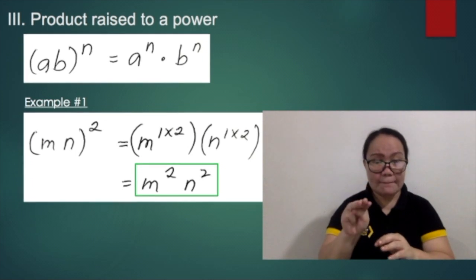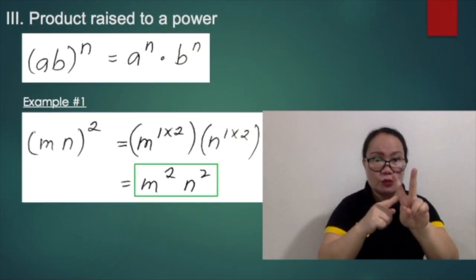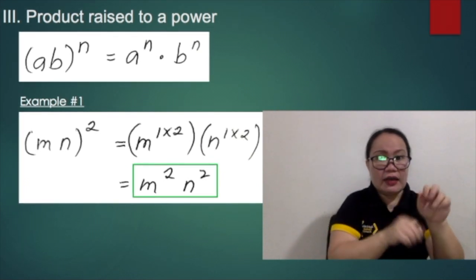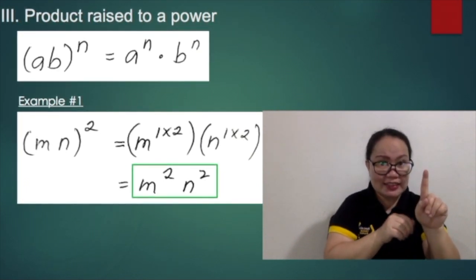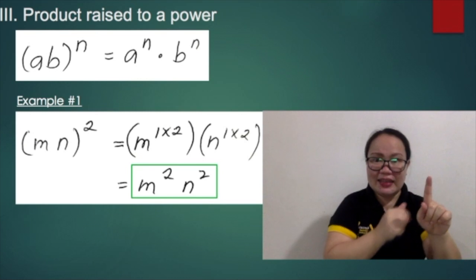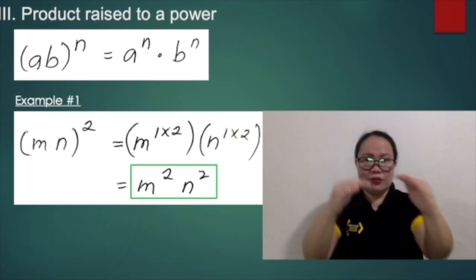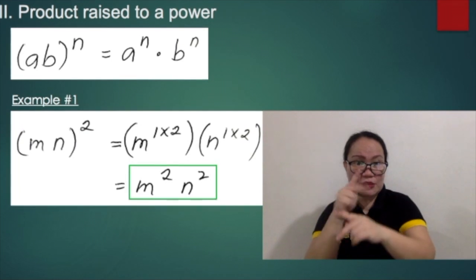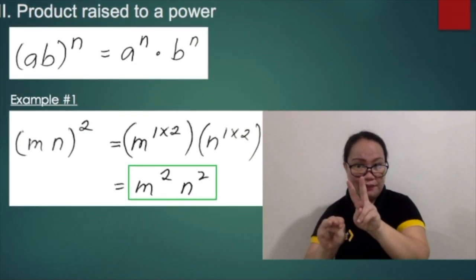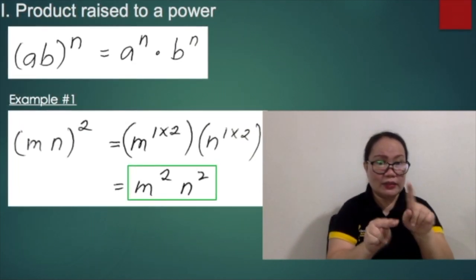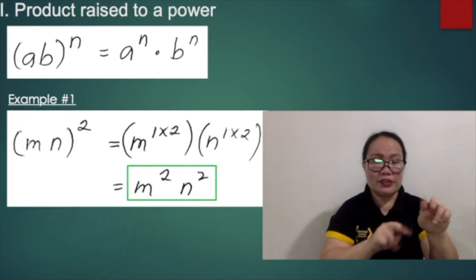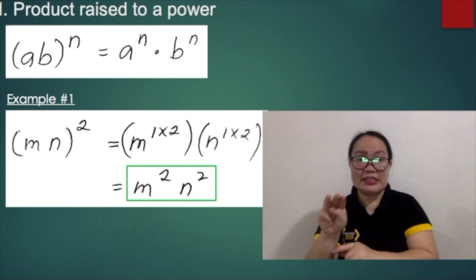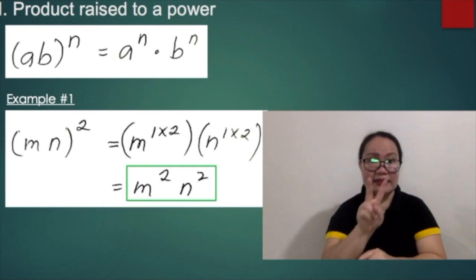So m, 1 times 2 exponent, and then n, the exponent is 1 again, and then multiplied by 2. So 1 times 2 is equal to 2 for m, and then for n, 1 times 2 is 2. So the answer is m squared n squared.